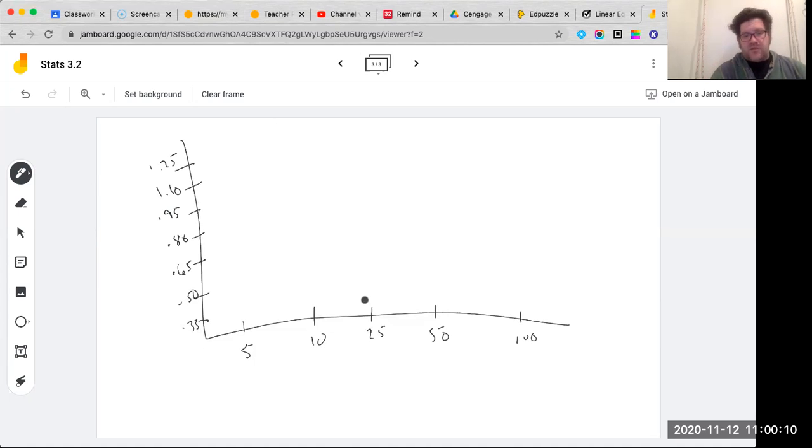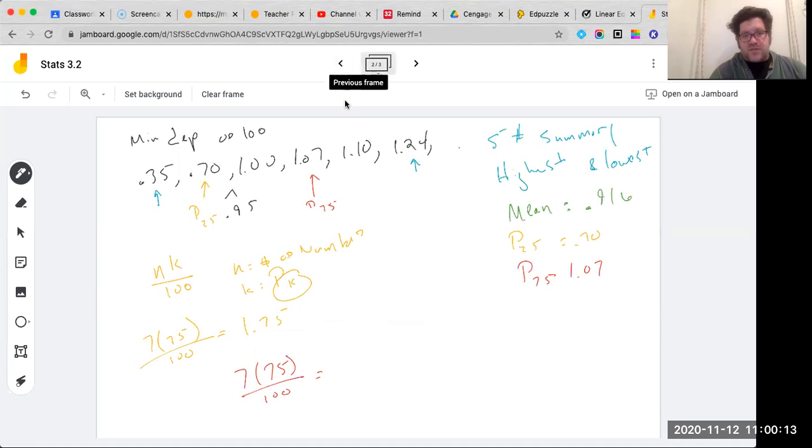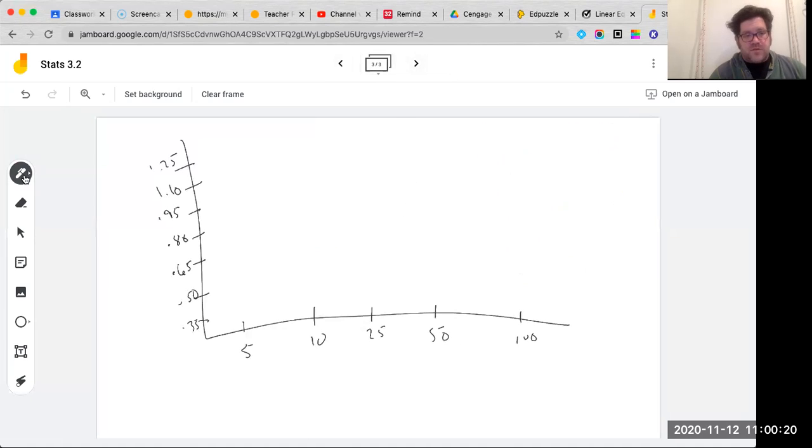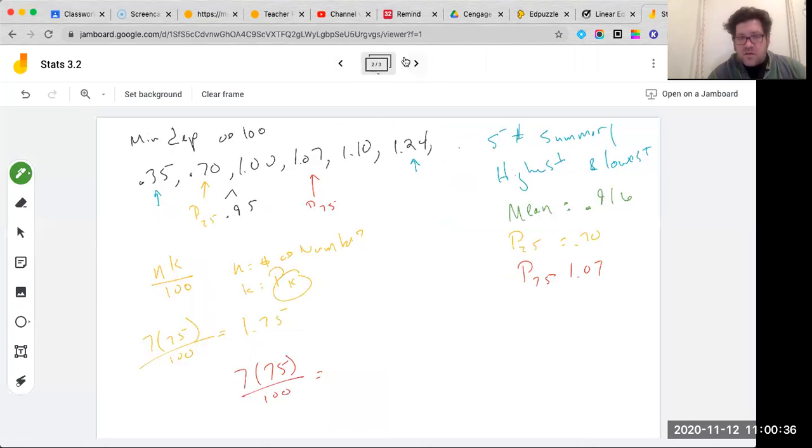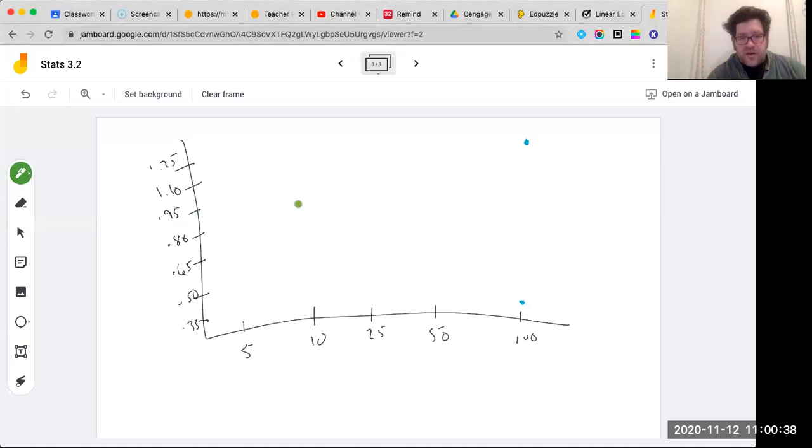Okay, so now I'm going to draw my box and whiskers. For my highest and lowest numbers, I'm going to put a blue dot at 0.35 and one at 1.24, so one way down here and one way up at the top. And then I'm going to have my mean, about 0.92, so a little below 0.95. So there's my mean.